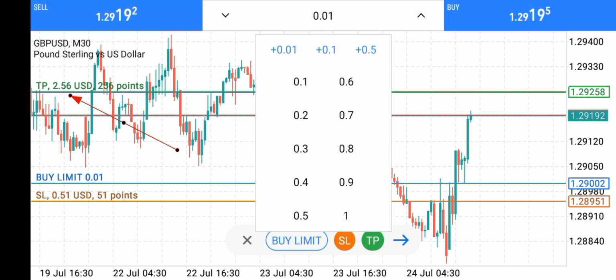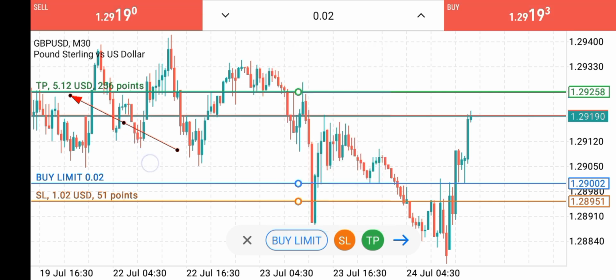So imagine now, for example, I no longer used 0.01 lot size, I used 0.02 lot size. If you go over to your risk, your stop loss, you will notice that it has changed from 0.56 to $1.02.